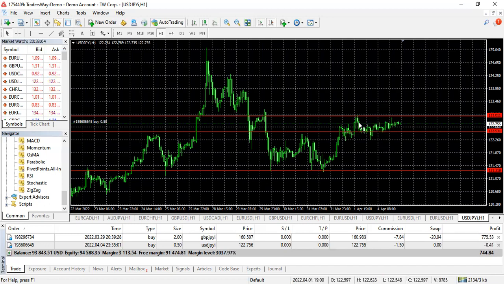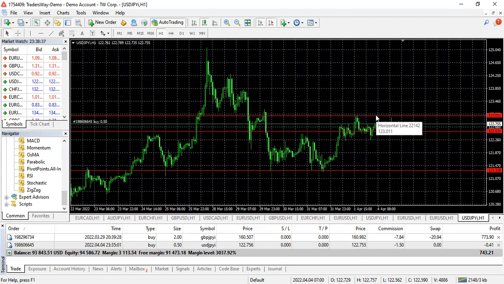With this resistance, and using other indicators, I should be able to tell if the market is coming in my direction. So using this kind of stop loss, you have to find a strong support or a strong resistance to use as the point to set your stop loss. That is what support and resistance stop loss is all about.